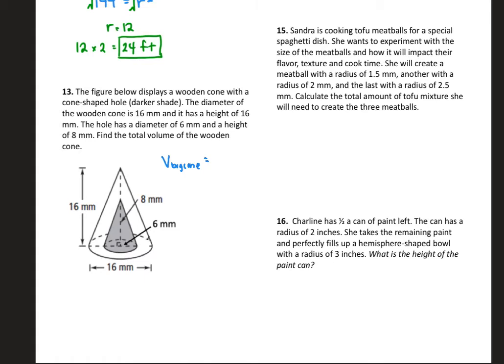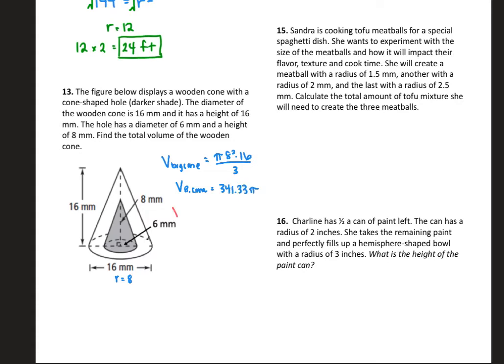And the way we find the volume of the big cone is pi r squared. So the radius of the big one is 8. So 8 squared times the height, 16. And since it's a cone, we're going to divide by 3. So 8 squared times 16 divided by 3. For the big cone, we get 341.33 pi.